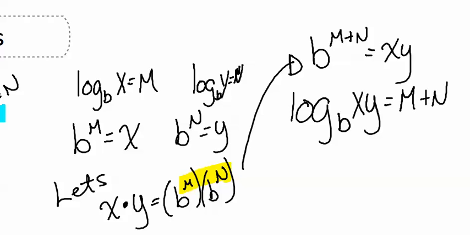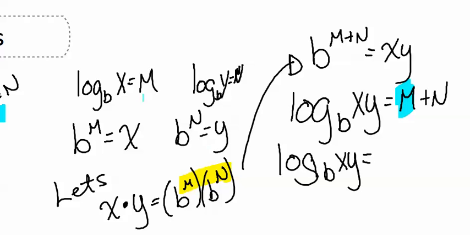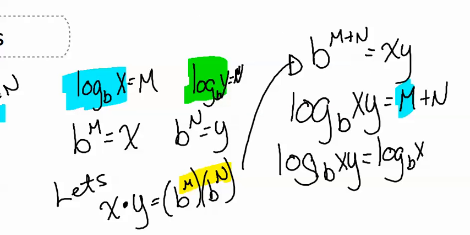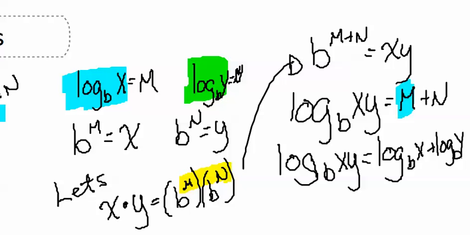We then know, based on our substitution, log base b of xy equals, and we go back and substitute m for log base b of x, and we substitute n in for log base b of y.